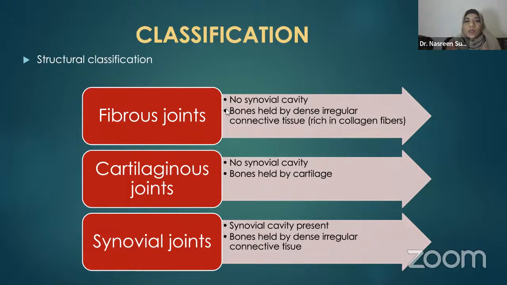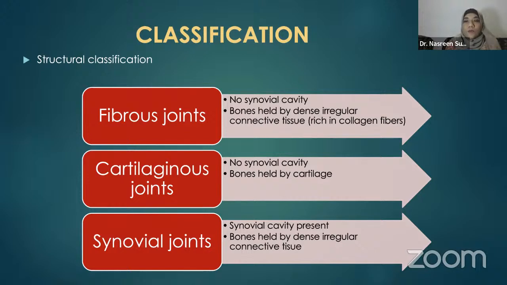First we will see whether there is a joint space or not. In the fibrous joints, there will be no space. In the cartilaginous joints also, there will be no space. Whereas the space will be present in the synovial joint.